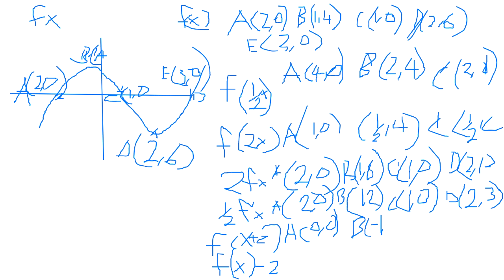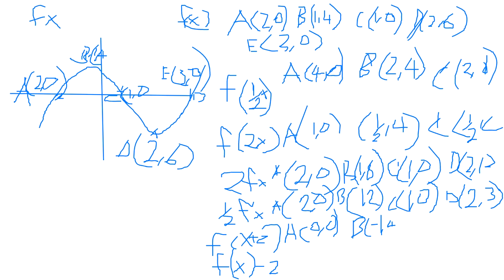Sir, isn't point A negative 2, 0, and point B negative 1 and 4, according to your graph? No, originally my point A is 2 and 0. Can you see that? Originally. Can you see the arrow?